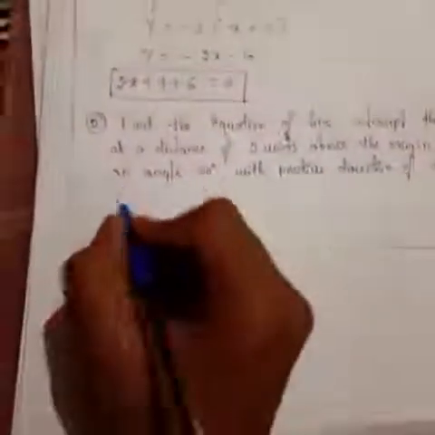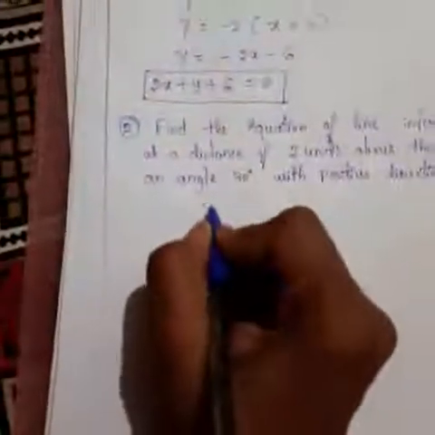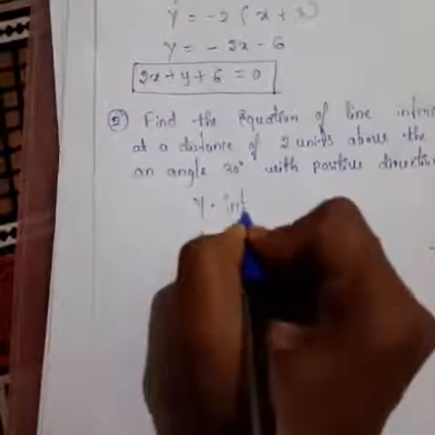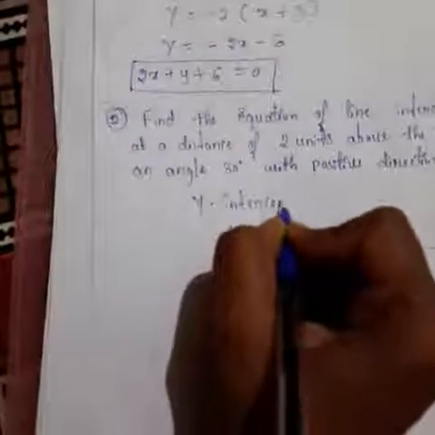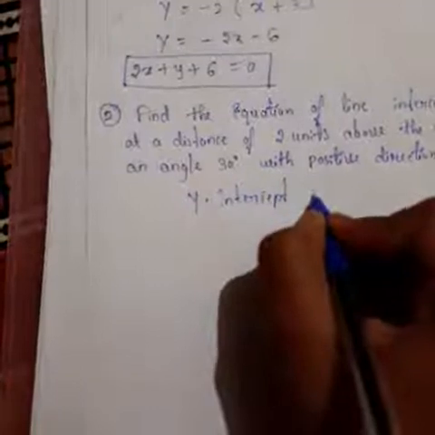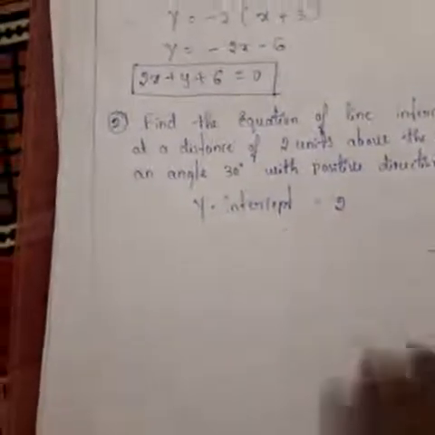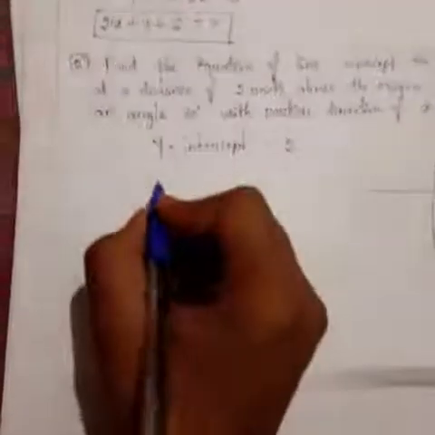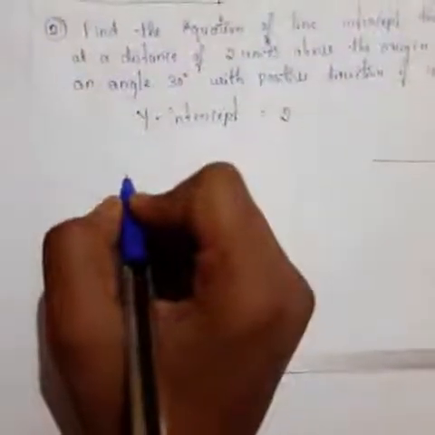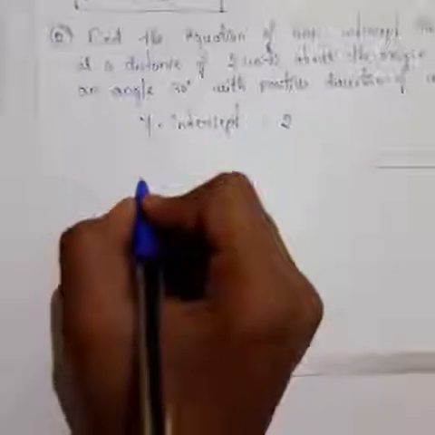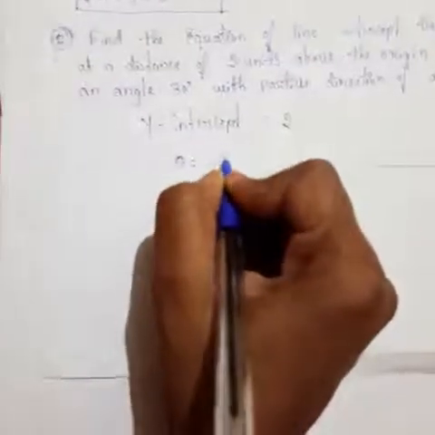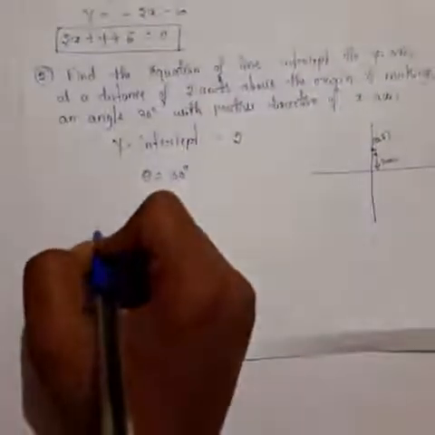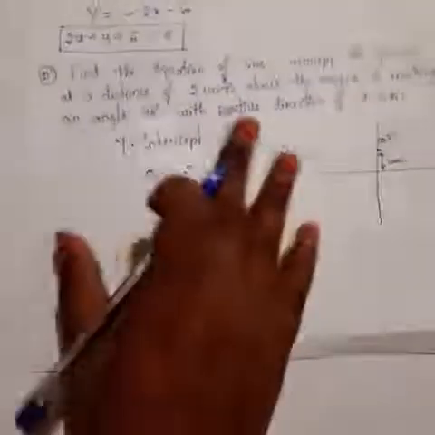The y-intercept they have given is +2, and they have also given the angle: theta equals 30 degrees with the positive direction of the x-axis.